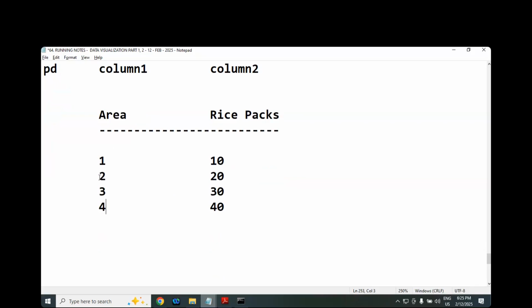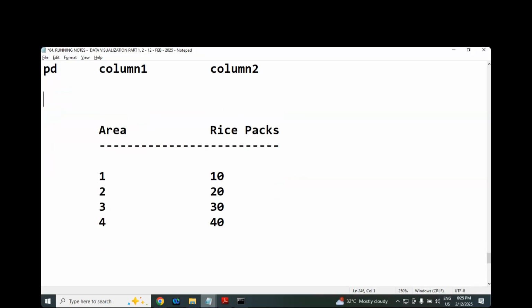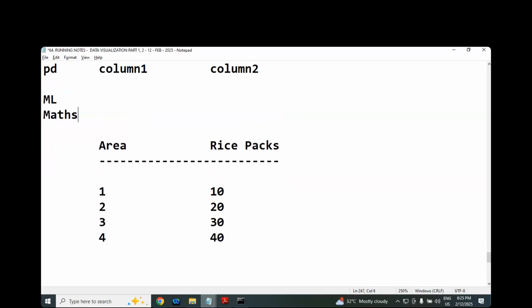But an ML engineer or math person will take the data and try to understand whether this column and this column have a relationship.